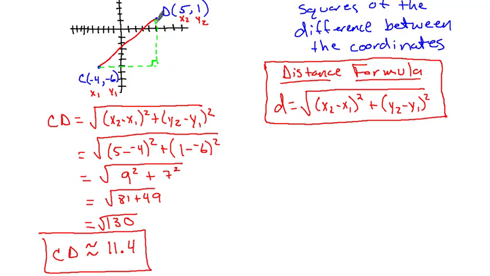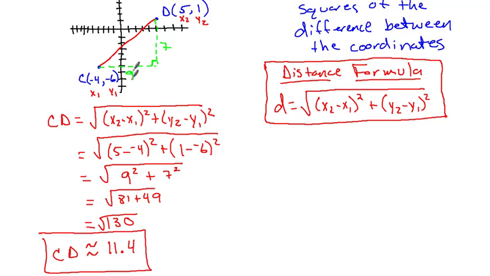Now, if we look at how tall this side of this right triangle would be, to go from here down to here takes up 1, 2, 3, 4, 5, 6, 7 spaces. And to go from -4 over to 5 takes up 1, 2, 3, 4, 5, 6, 7, 8, 9 spaces.